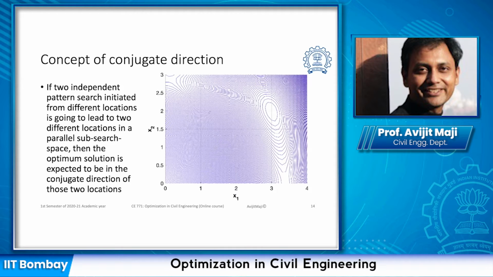Now if we start from 2 different locations, suppose here, and try to go in certain direction. Suppose this is my direction, and I can see that if I reach at this point, I'll reach the minimum location along this direction. Now if I choose another point and go parallel to this direction, I may reach a point here where the objective function is going to be minimum.